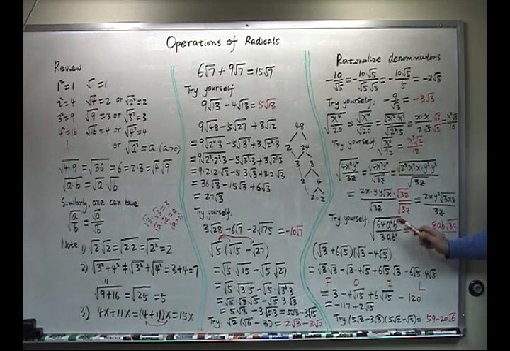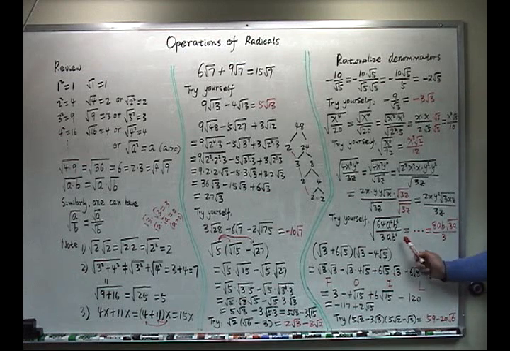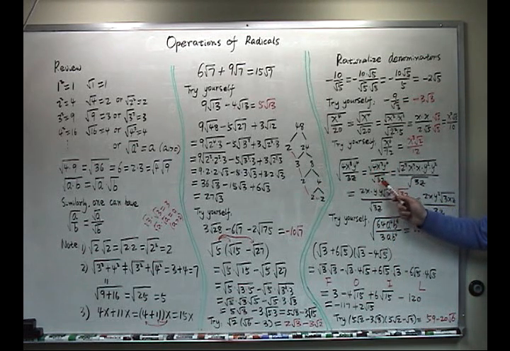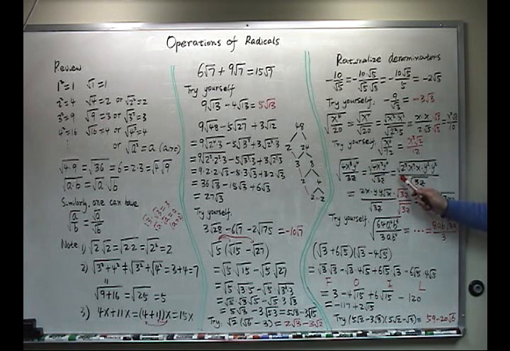Upstairs is a cubed. B to the 6th upstairs and b to the 4th, so b to the 4th can be cancelled. Upstairs can only have b squared left over. So you need to do some cancellation first, and then separate numerator with radical, denominator with radical. Do the similar things I did right here. This is the final answer.